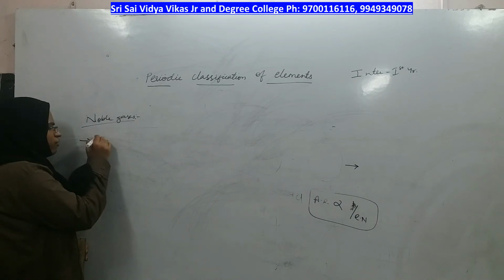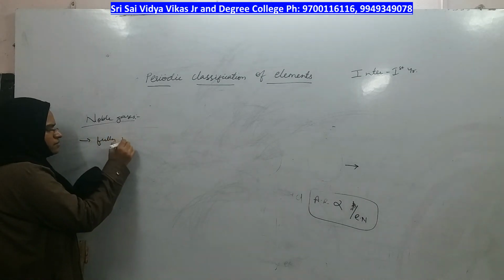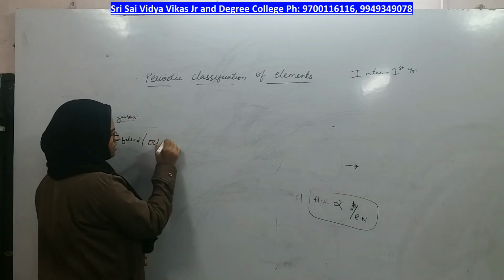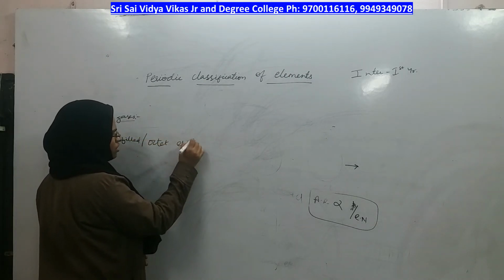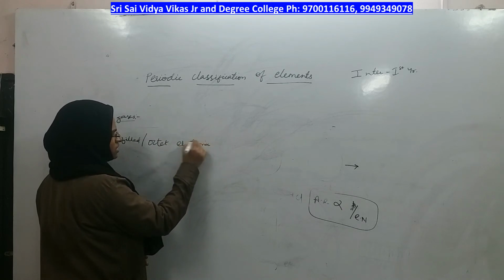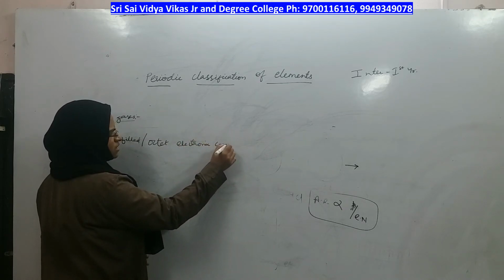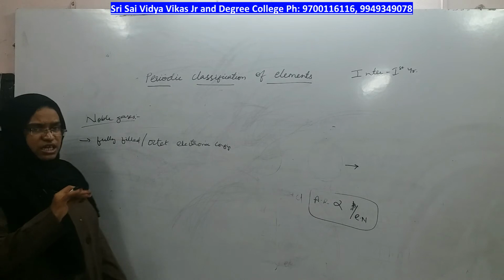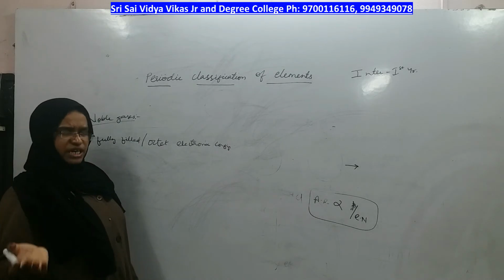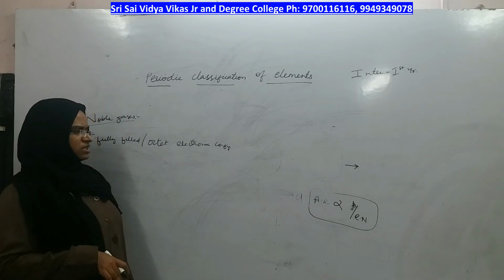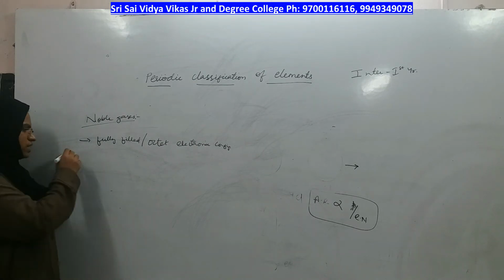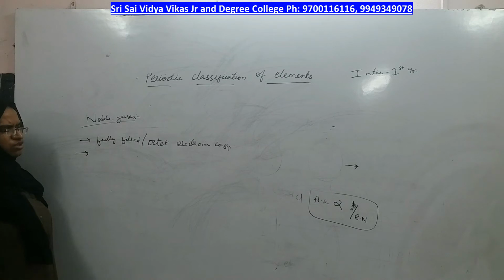They have a fully filled octet electronic configuration. They come in the last group, therefore the electrons present in those elements are fully filled. You cannot add any electron to noble gases, and you cannot even remove an electron from them.